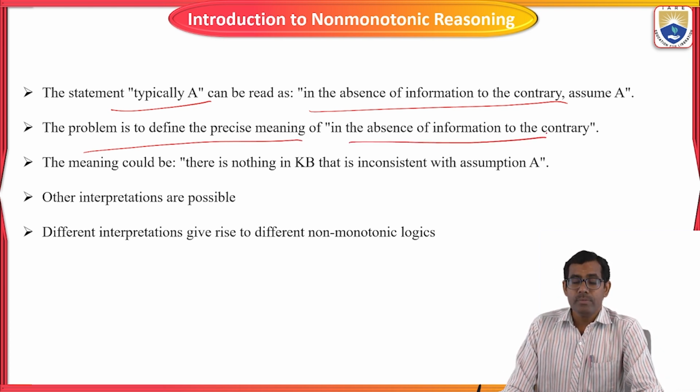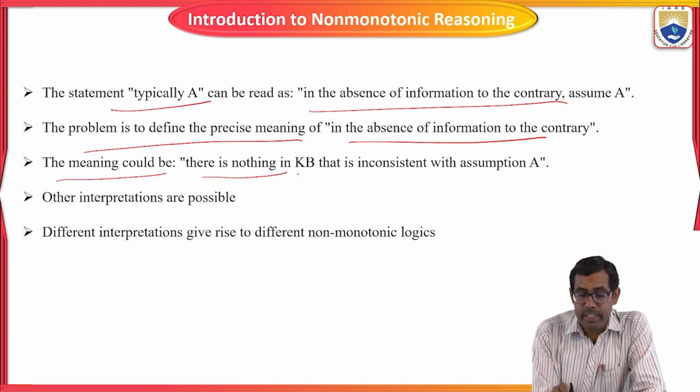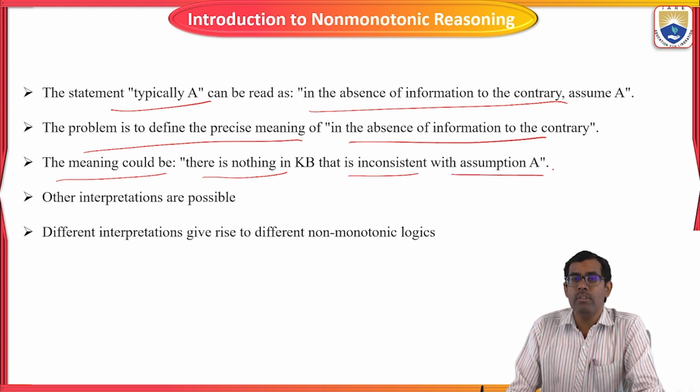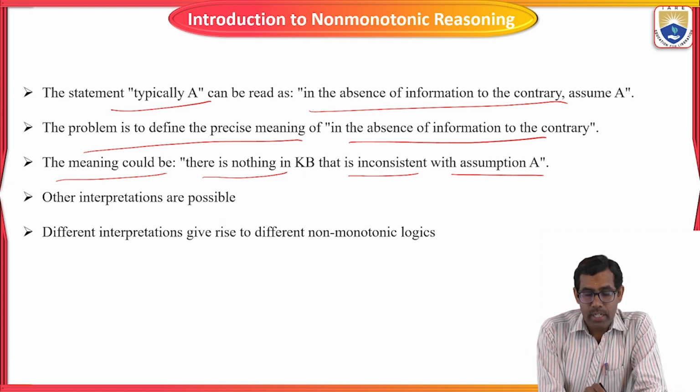in the absence of information to the contrary. Right, the next one: the meaning could be that there is nothing in the knowledge base that is inconsistent with the assumption of A. Based on that problem statement, we collect some knowledge from your input data or old data, right? So other interpretations are possible.